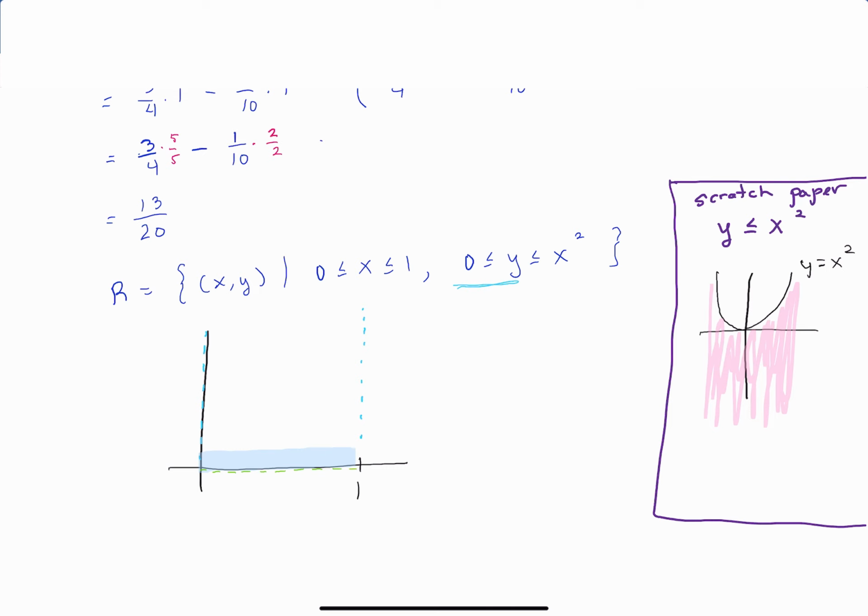But as we said, we're going to be below the curve y equals x squared. So there is our basic x squared parabola, and we are in the region below that.